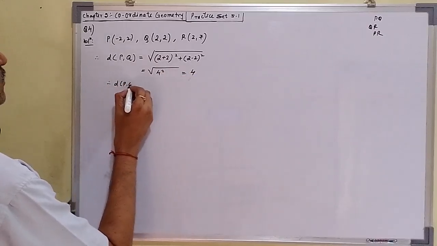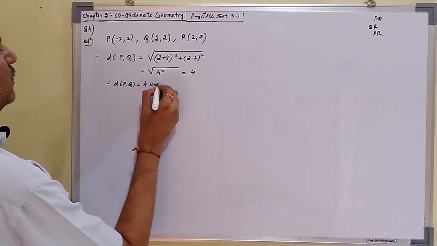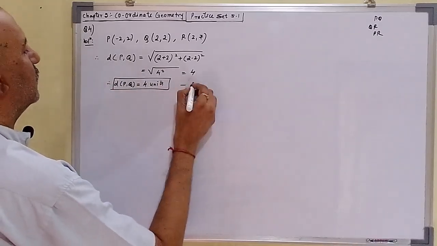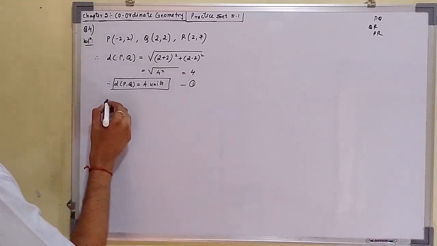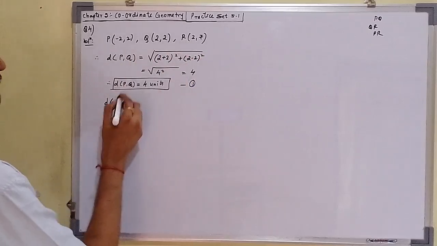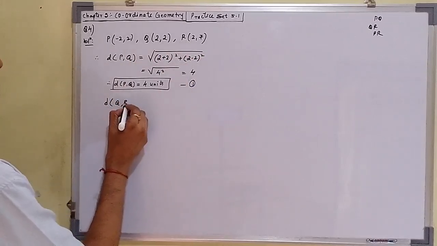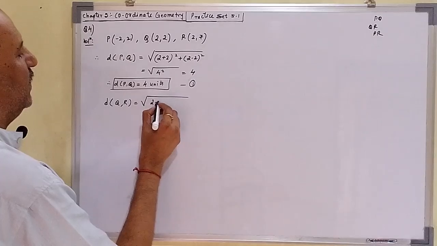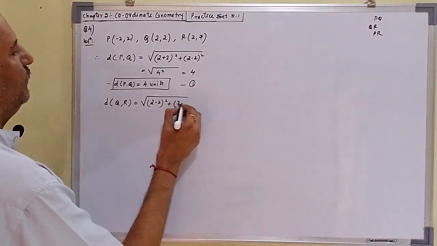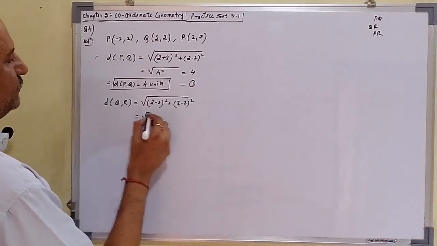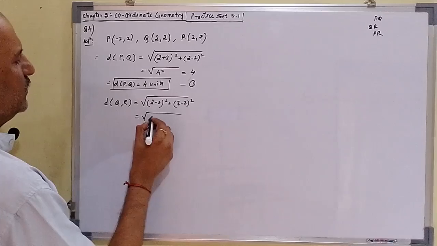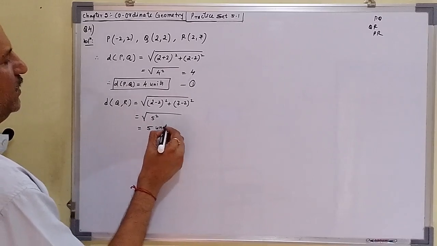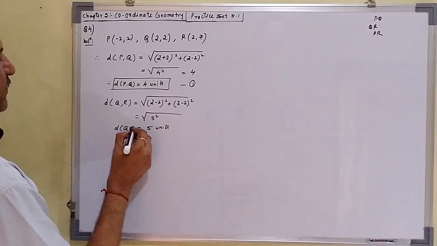Therefore distance PQ equal to 4 units. Now distance QR, let's find. QR: x2 minus x1, 2 minus 2 square, 7 minus 2 square. 2 minus 2 is 0, forget it. This is 5 square, 5 square is 5 only, because the square root is gone, so these are 5 units. Whose is this? This is distance QR.